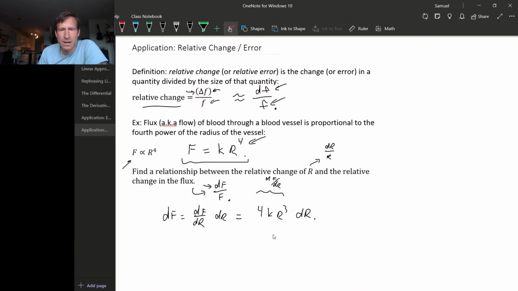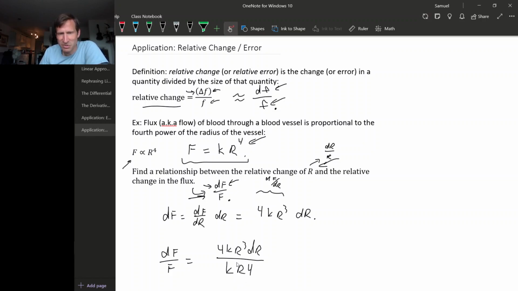Okay. Now we want to find a relationship between the relative change in the flux and the relative change in r. So I guess we should take our expression for df and just divide it by f. So df over f is, well, df is 4kr cubed dr. And now we're dividing by f, and f is k times r to the 4th.